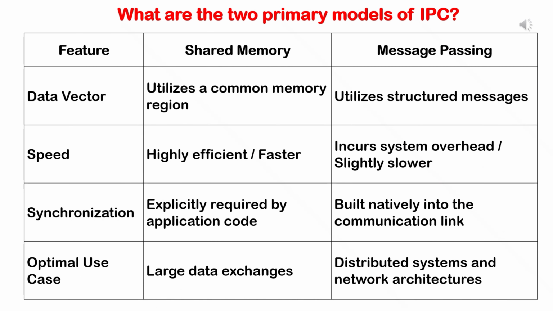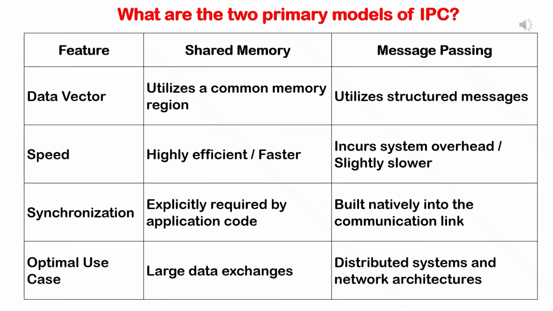There are two major models used for inter-process communication. The first model is shared memory. The second model is message passing. In the shared memory model, multiple processes access the same memory area. Because data is accessed directly, communication is extremely fast. However, synchronization must be handled carefully by the application.